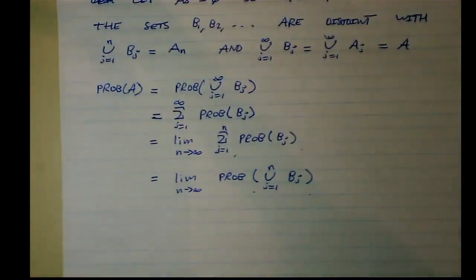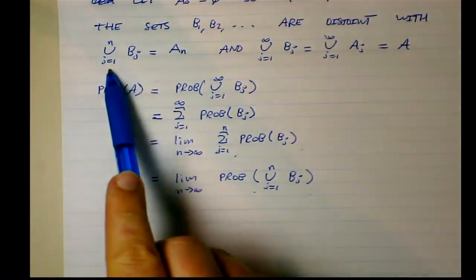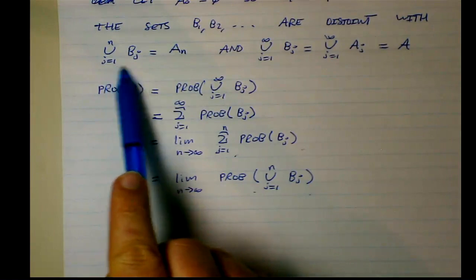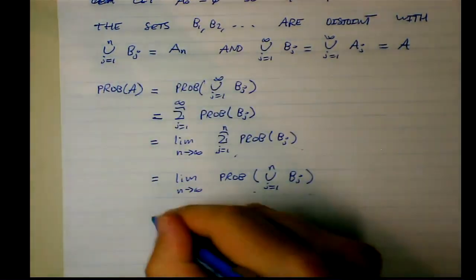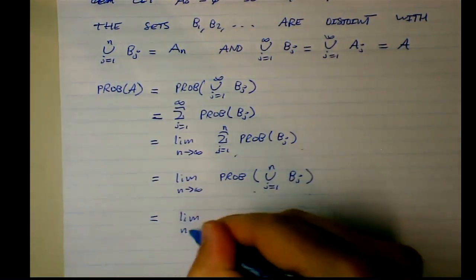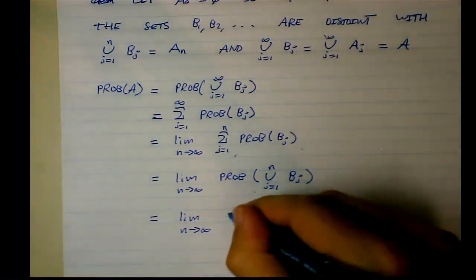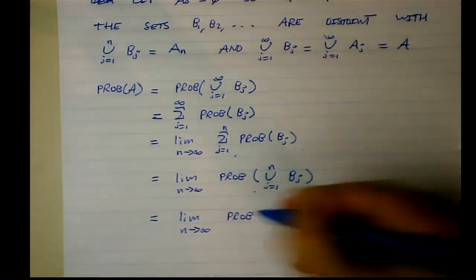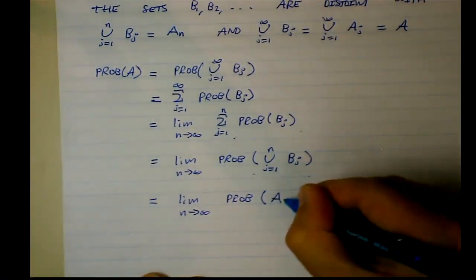Last thing. Now we're just going to use that the union j equals 1 to n of Bj is An. So I'm just going to inject that in there. So we still have the limit of n going to infinity of the probability of An.